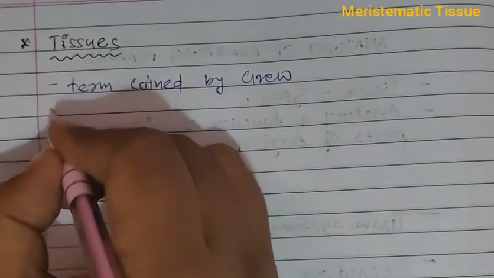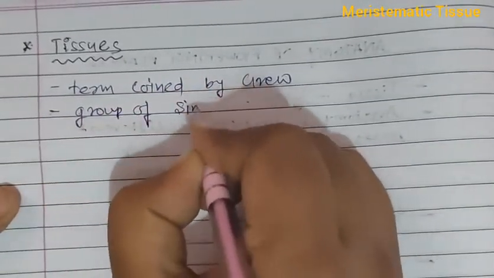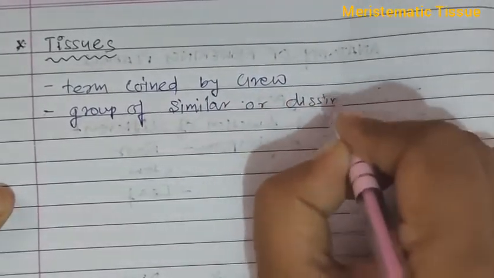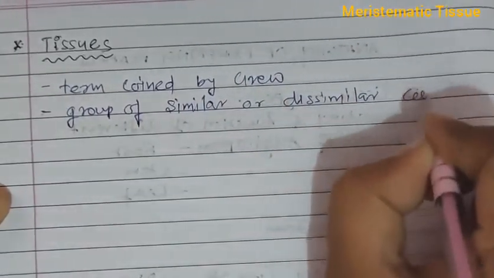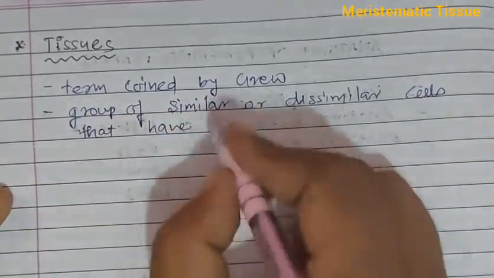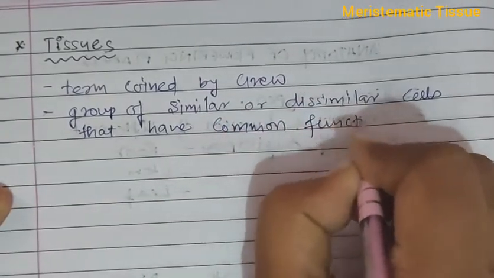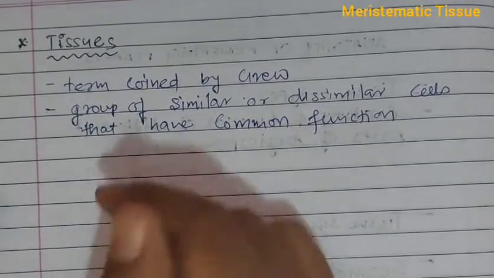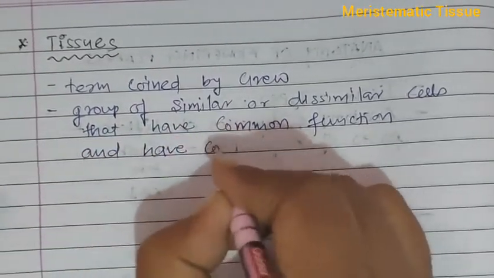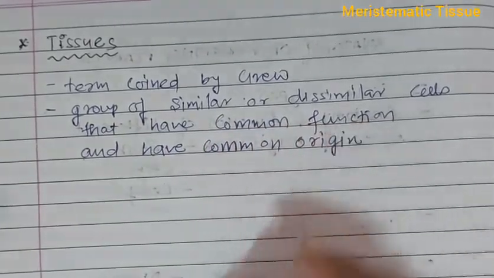Tissue is nothing but a group of similar or dissimilar cells that have a common function and have a common origin.